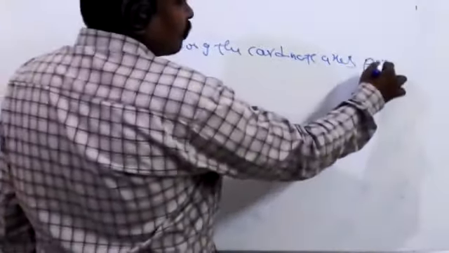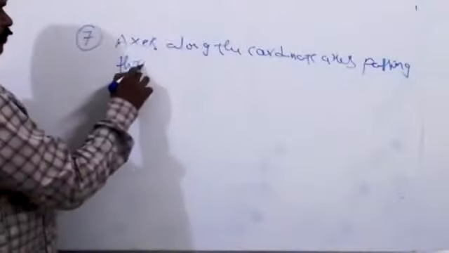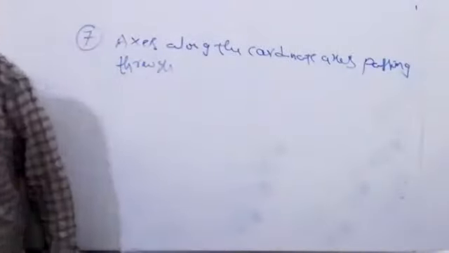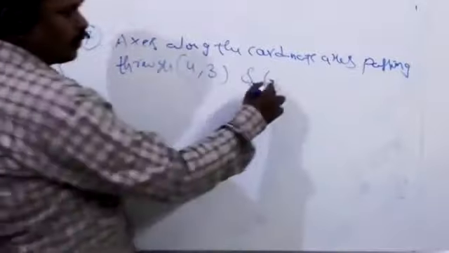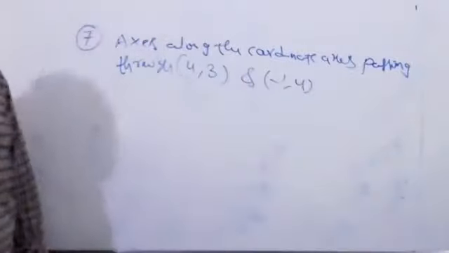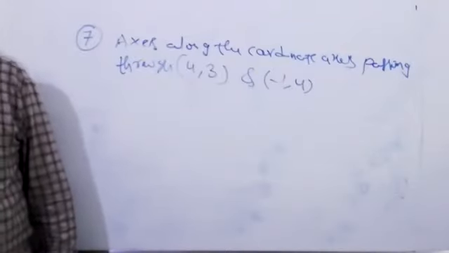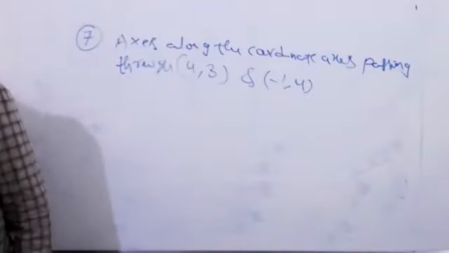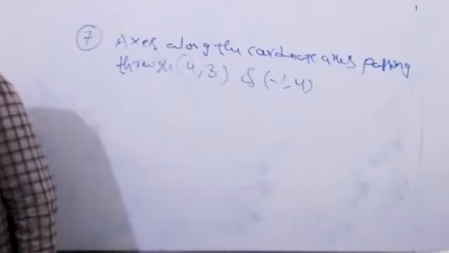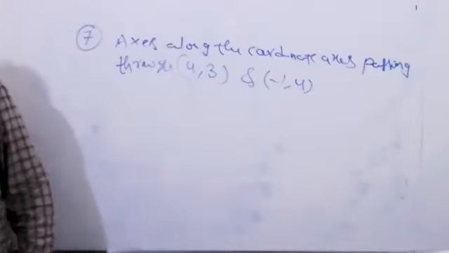So the final answer was x squared by 10 plus y squared by 40 equal to 1, no? Same model.